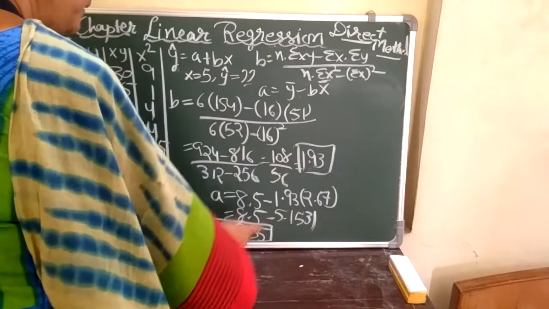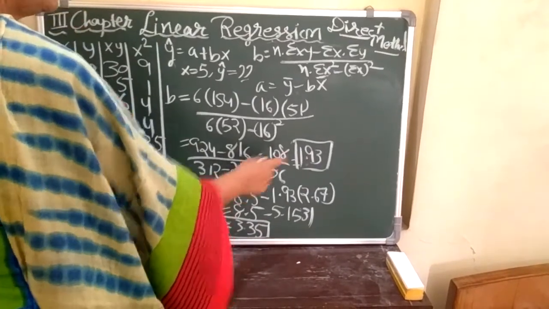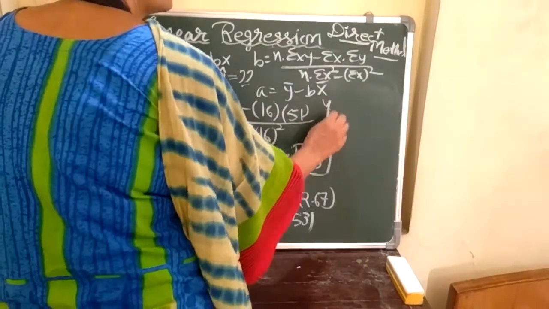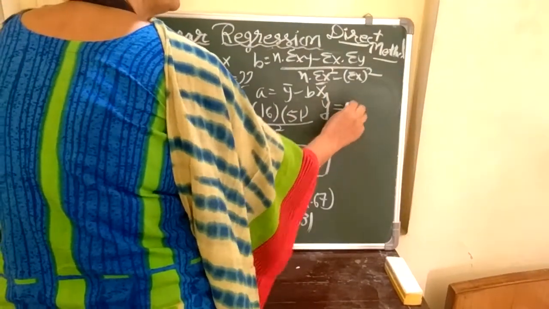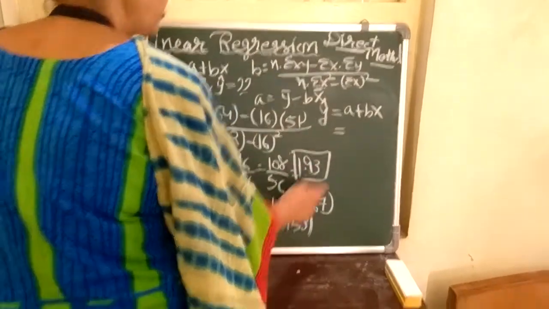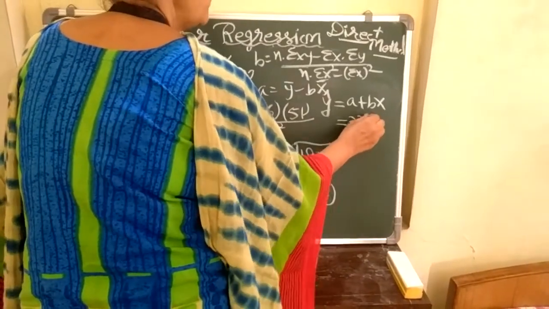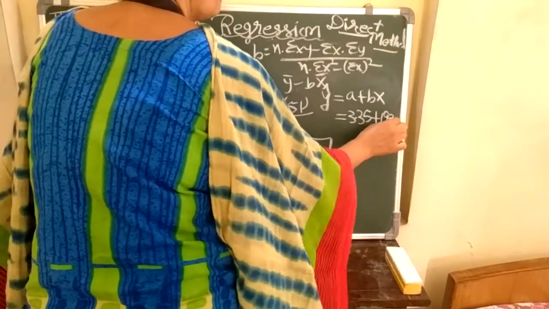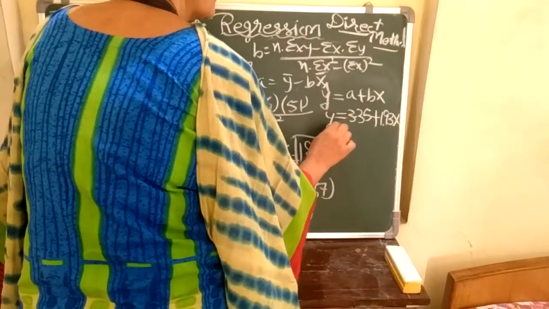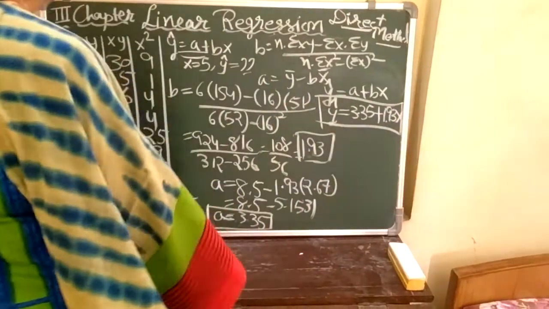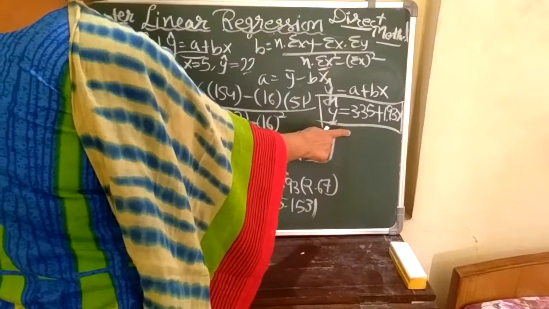Now B also is with us, A also is with us. These both values we will put in the regression line, that is A plus Bx, where the value of A is 3.35 plus B is 1.93x. Now this is your regression line y on x.